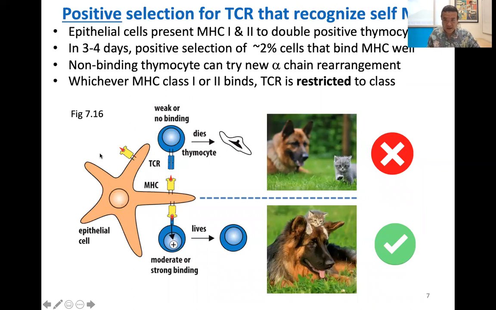One of the reasons why this process is so much more involved in T cells compared to B cells is, remember, a B cell just has to make an immunoglobulin on its surface, right? An immunoglobulin that looks like an immunoglobulin. And as long as the shape of that Ig doesn't cause problems by binding self antigens, then whatever, right?